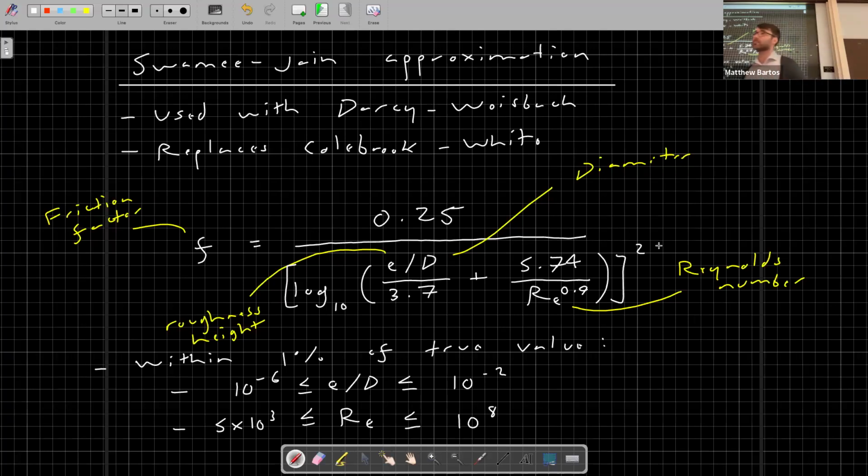Just because when this approximation was derived, it was fitted to the Colebrook-White function for a range of typical values that you'd find in water distribution and other piping systems. Yeah. So this was an equation that was fitted empirically.